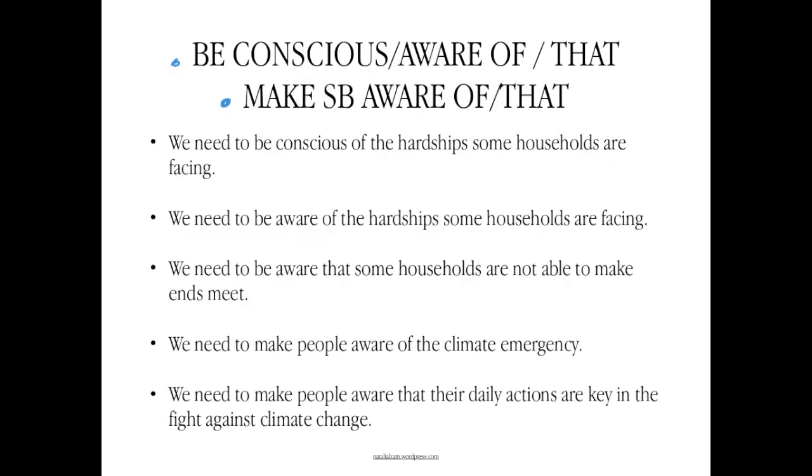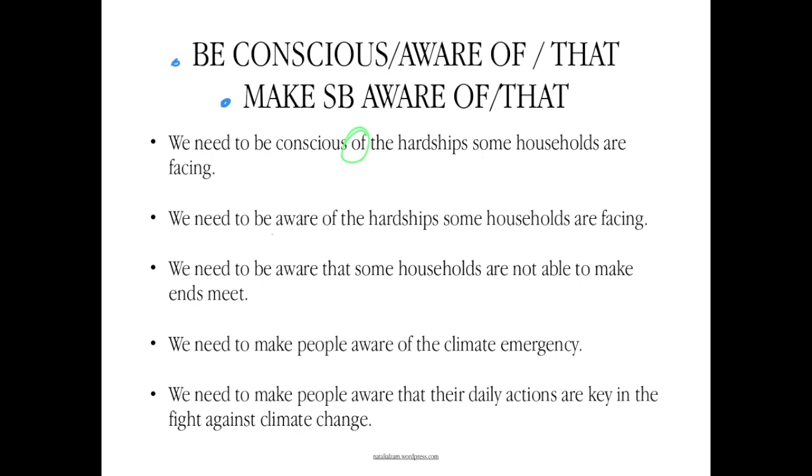More frequent mistakes, for example, the expressions conscious or aware. You can be conscious or you can be aware of something. You can be aware that something is happening, for example. Okay? So you could say things such as, we need to be conscious of the hardships some households are facing, of the difficulties that some families are facing.